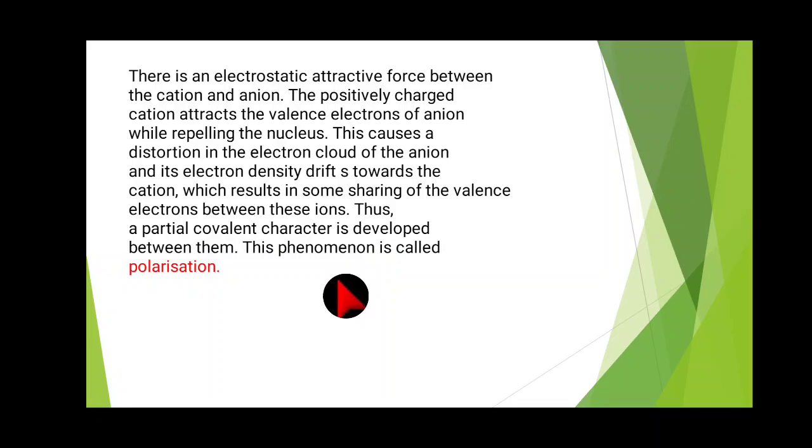This is known as polarization. The partial covalent character in ionic compounds can be explained on the basis of a phenomenon called polarization. In an ionic compound, we can find covalent character. That's the meaning, right?